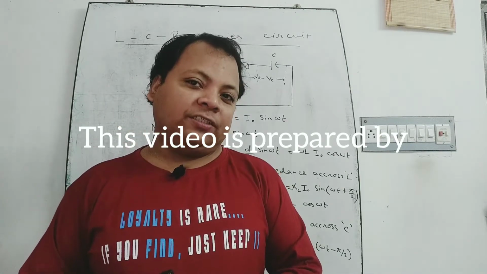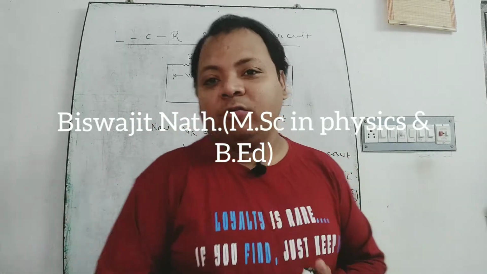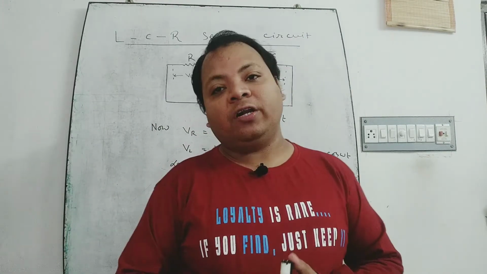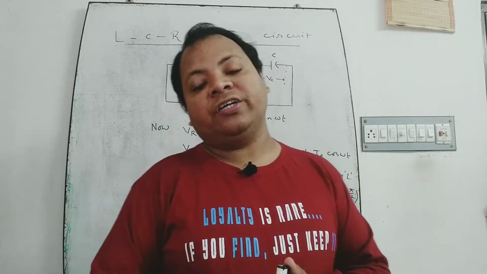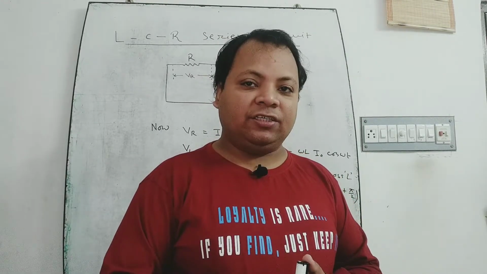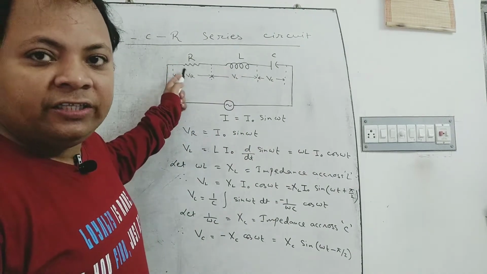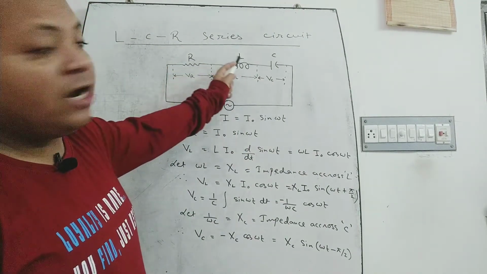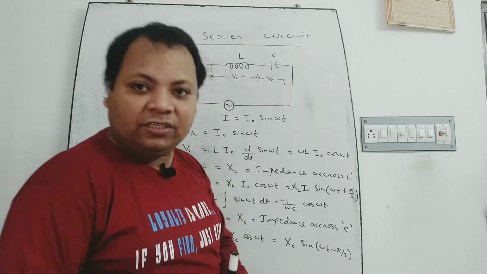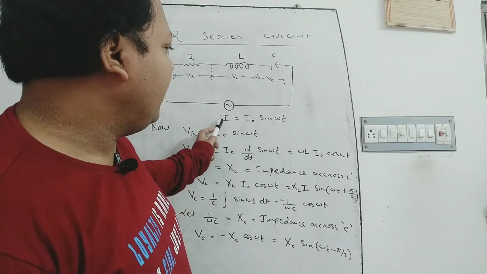Today I am going to discuss the relation between alternating current and alternating voltage passing through an LCR series circuit. Here capital R is a resistor, capital L is an inductor, and C is a capacitor connected in series with an alternating source.